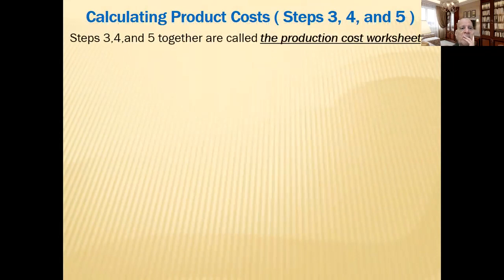Calculating product costs, step number 3 and 4 and 5. We say that steps 3, 4, and 5 together, all of these steps, are called the production cost worksheet.